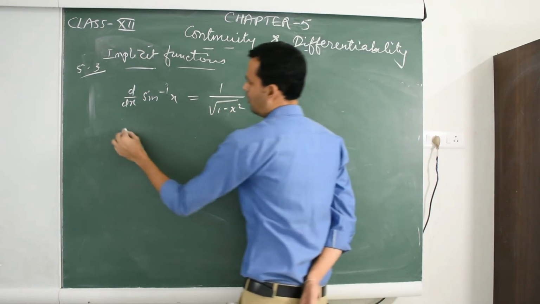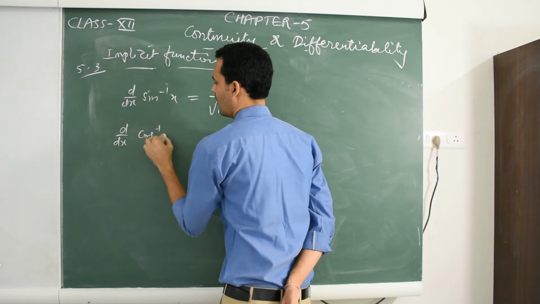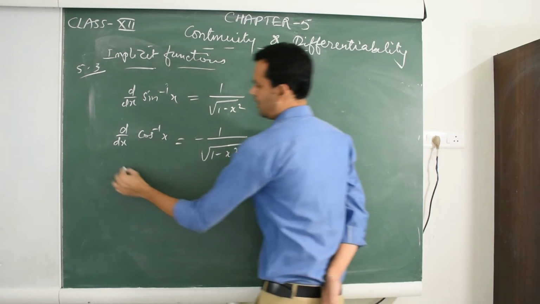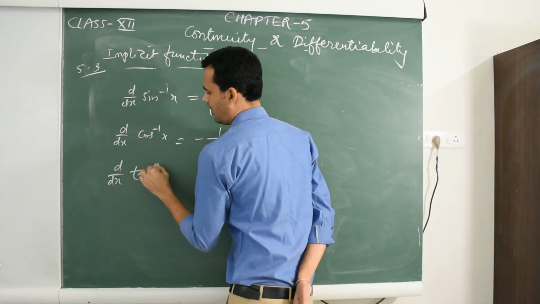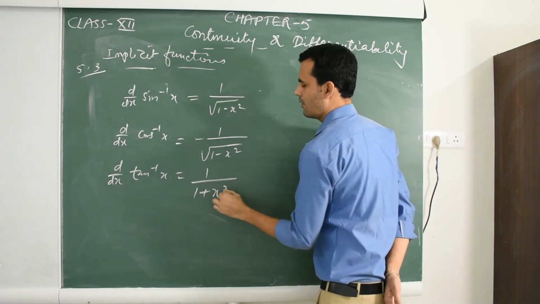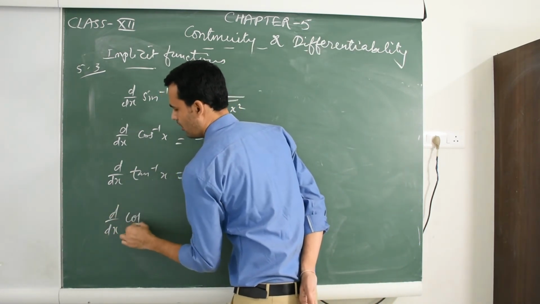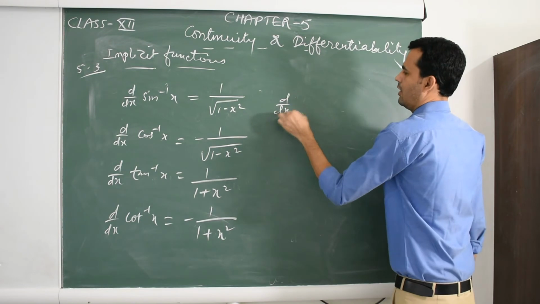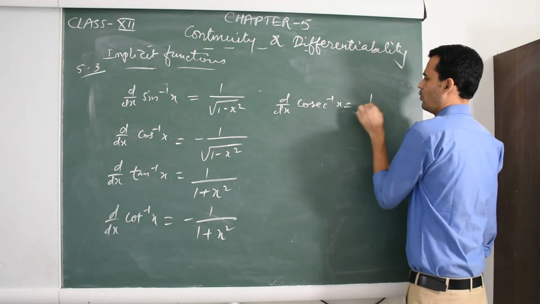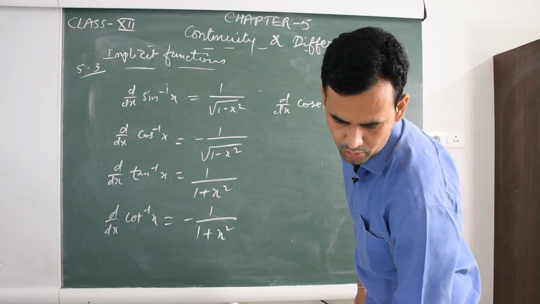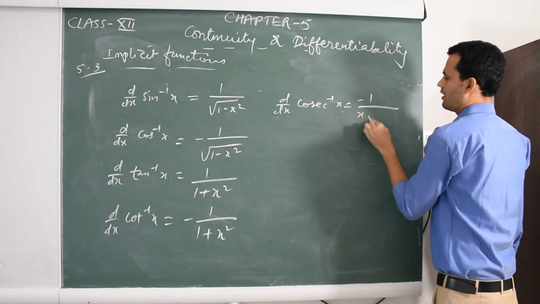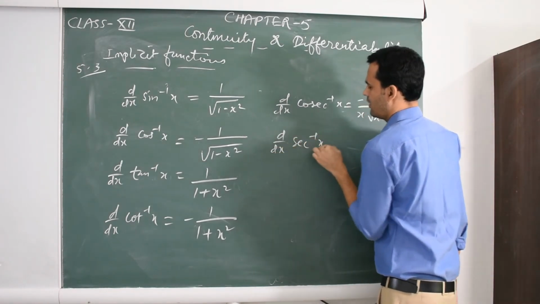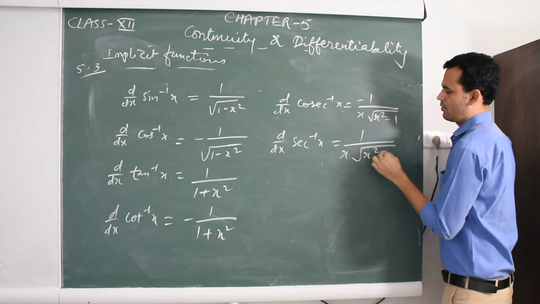These are the formulas or derivatives. d by dx of cos inverse x is minus 1 upon root 1 minus x square. d by dx of tan inverse x is 1 upon 1 plus x square. d by dx of cot inverse x is minus 1 upon 1 plus x square. d by dx of cosec inverse x equals minus 1 upon under root x square minus 1, and d by dx of sec inverse x is 1 upon x root x square minus 1.